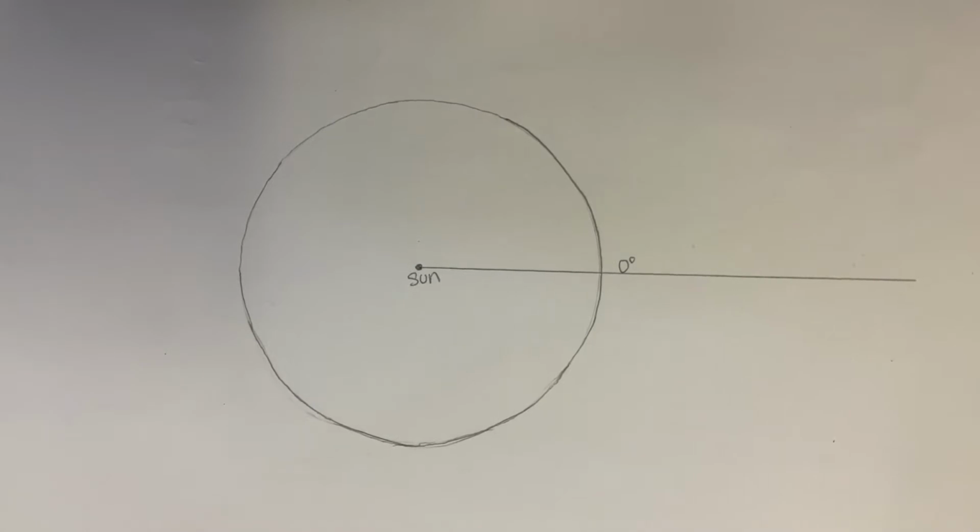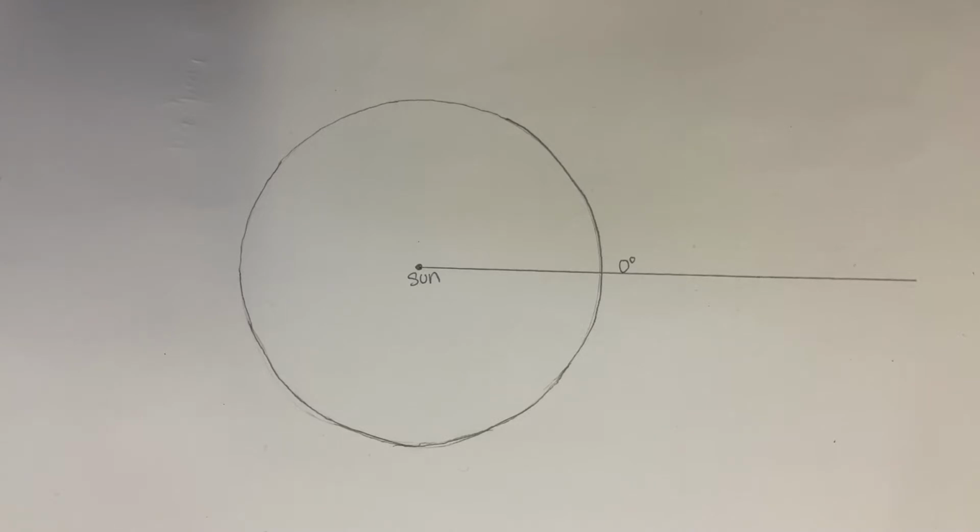If you need extra help with plotting Mars's orbit, this is where you need to be. I am going to be explaining how we plot Mars's orbit a little bit further. So, what you should have on your paper, at the very least, is what you see.